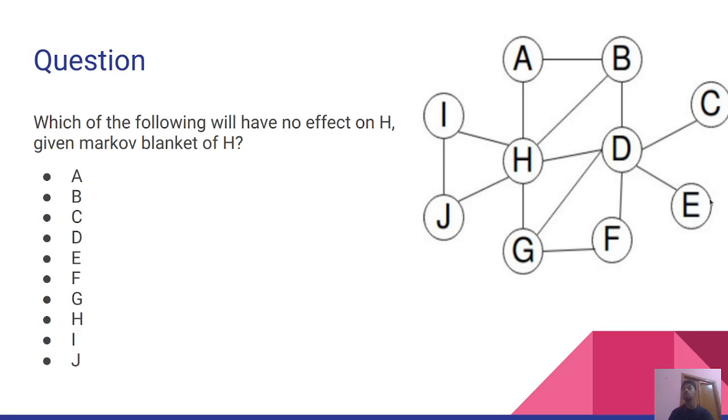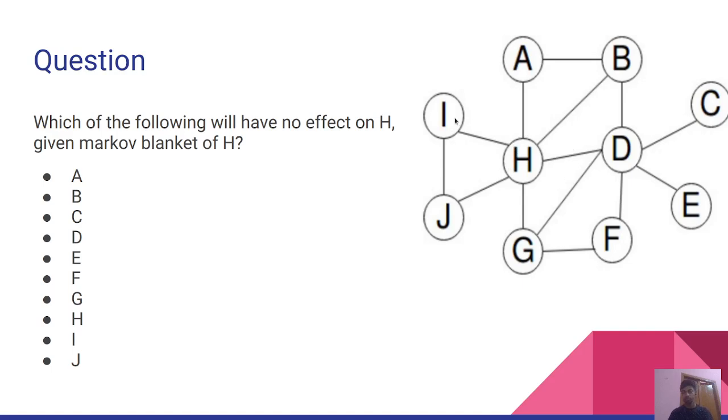Okay, so C and E are correct so far. F is also correct because from H to F we cannot reach directly. G we can reach directly. H itself is the node we are considering, so it is under the Markov blanket.